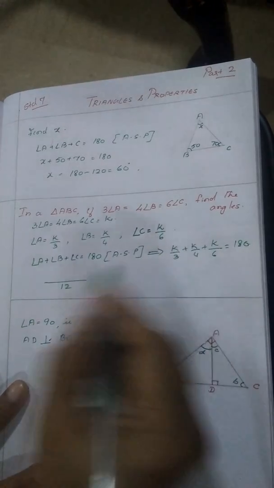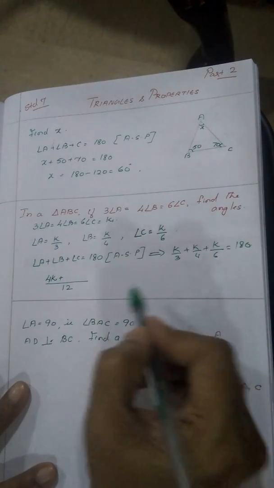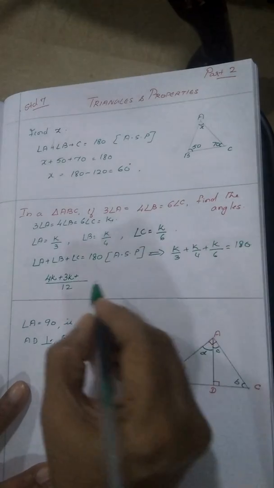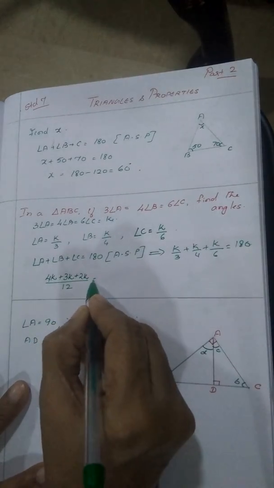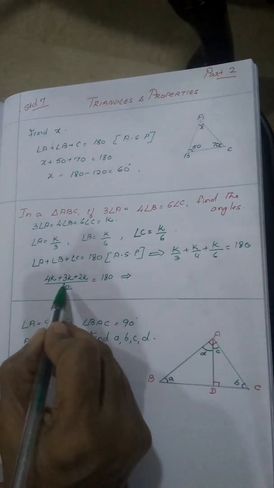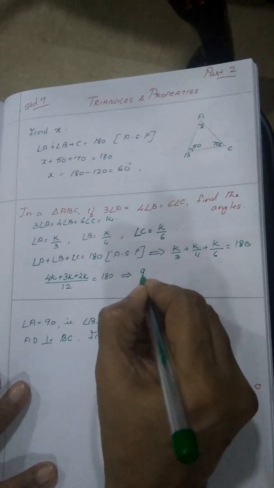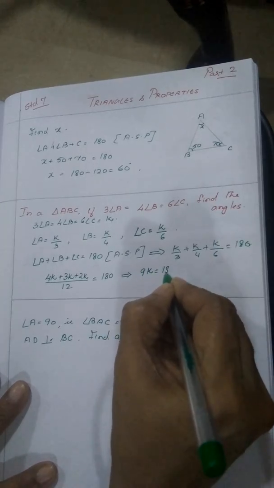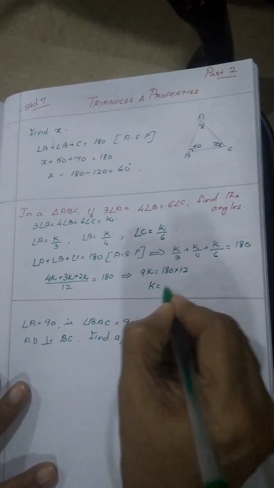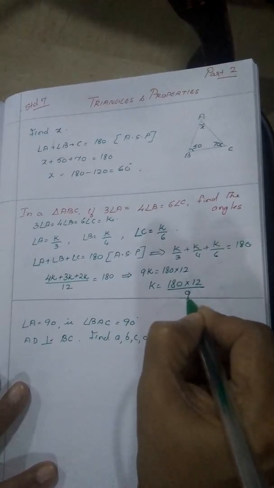So 4K plus 3K plus 2K is equal to 180. 4 plus 3 is 7, 7 plus 2 is 9. So 9K is equal to 180 into 12. So K is equal to 180 into 12 by 9.